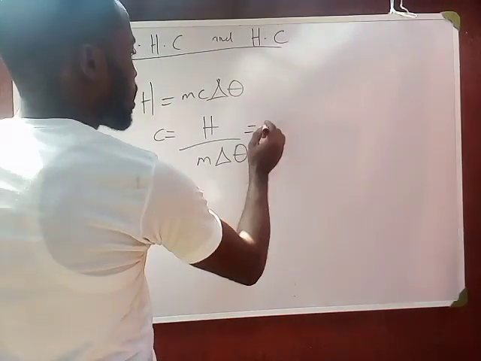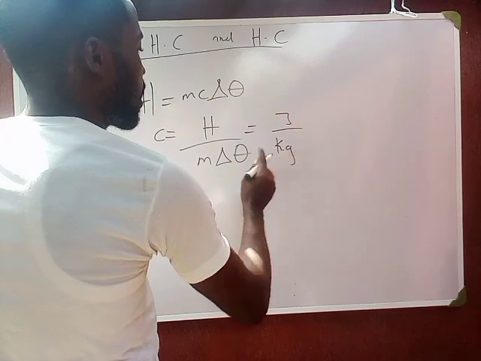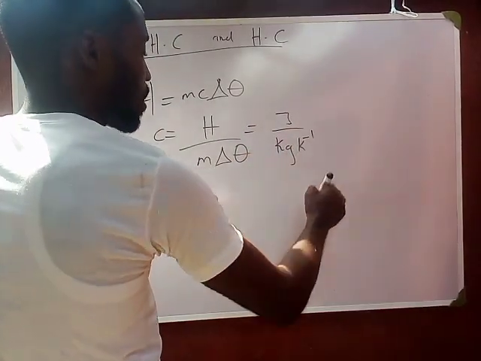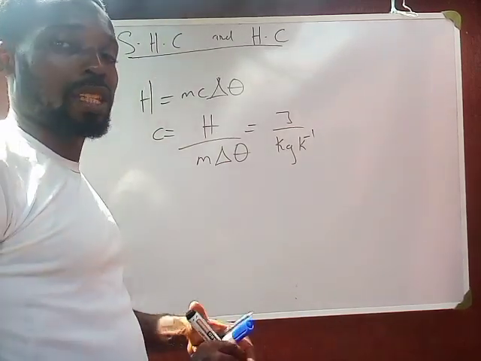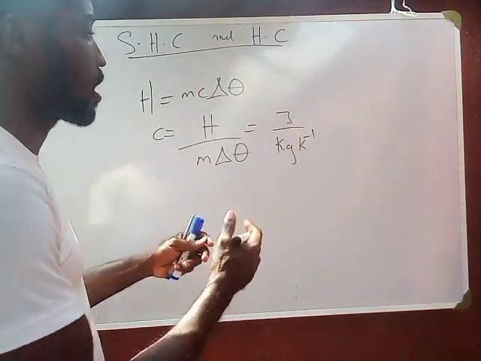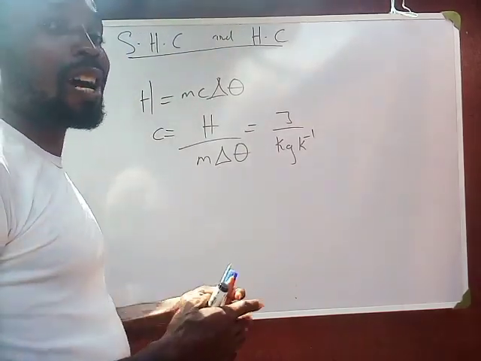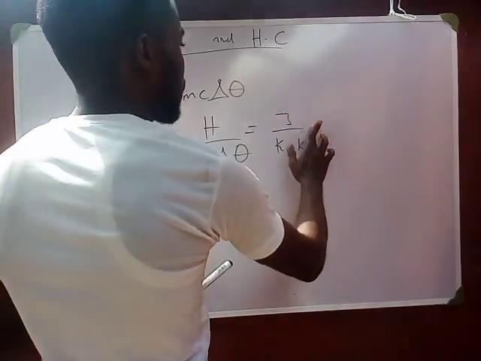So now, our heat is in joule, mass is in kilogram, and this is per Kelvin or per Celsius. I told you change in Kelvin is the same as change in Celsius scale, reason being that both Kelvin and Celsius scale have the same fundamental interval.